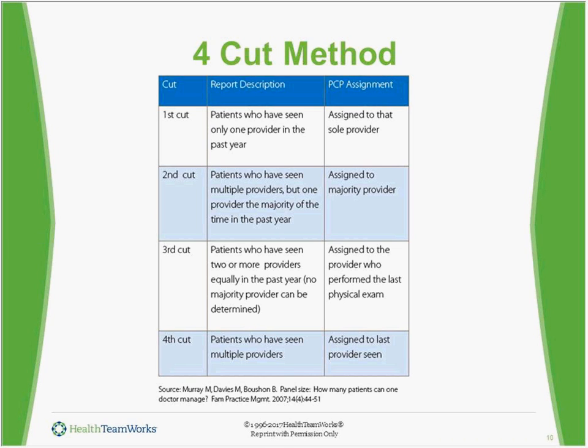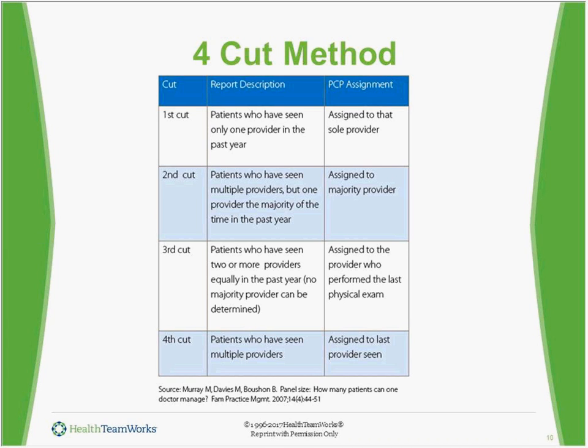This was especially true in residency practices in which I worked, where residents rotate in and out of the practices, and there were teamlets that provided care to patients. There is no one specific PCP, and so no majority provider can be determined. If that's the case, in the third cut, you assign the patient to the provider who performed the last physical exam.